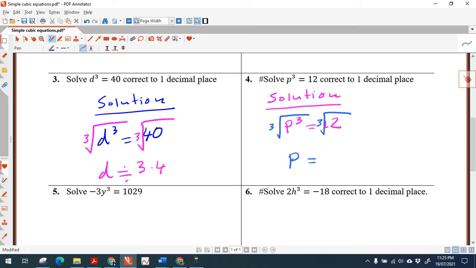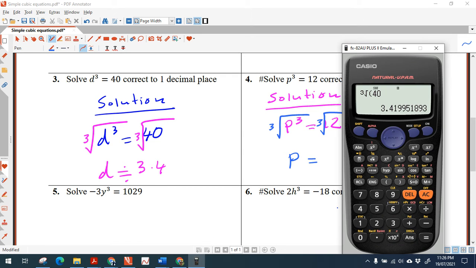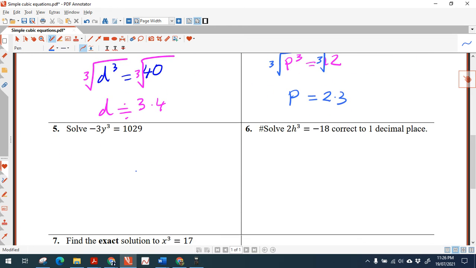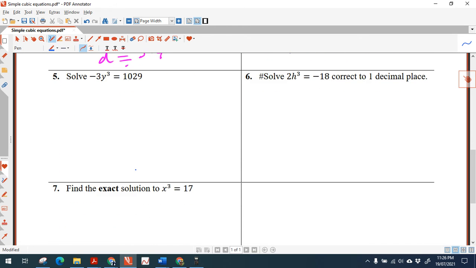And p equals. Now, cube root of 12. Let's put it into your calculator. Shift cube root 12 equals 2.3. So 2.3 is your answer. Okay. All right, so let's have a look at the next one.